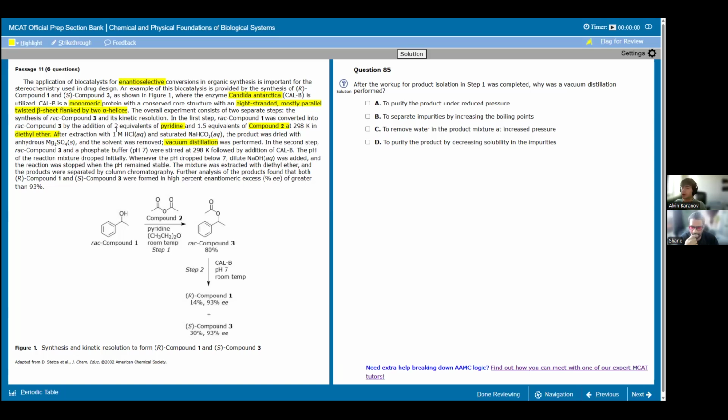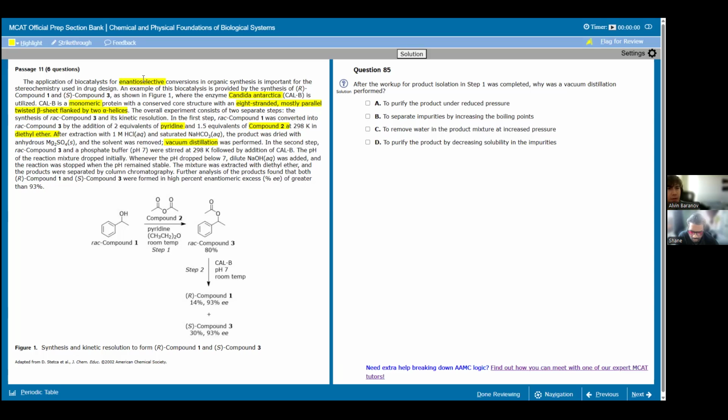So the application of biocatalysts for enantioselective conversions in organic synthesis is important for the stereochemistry used in drug design.